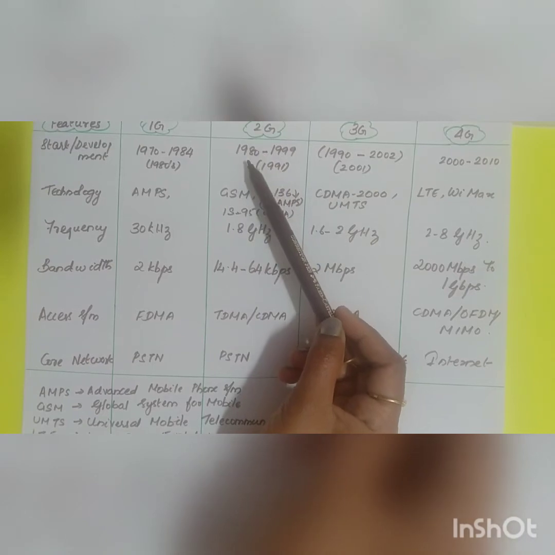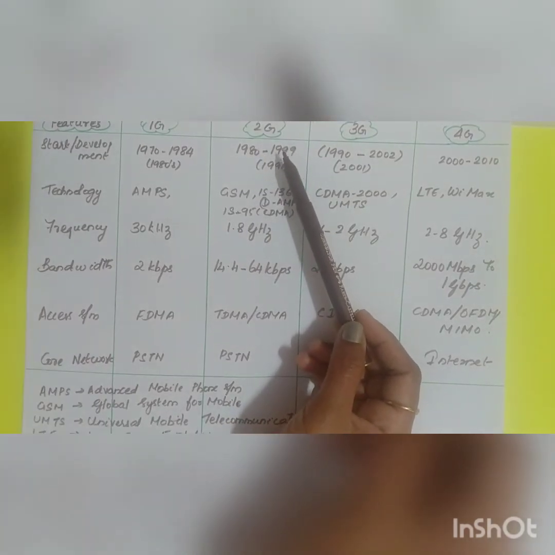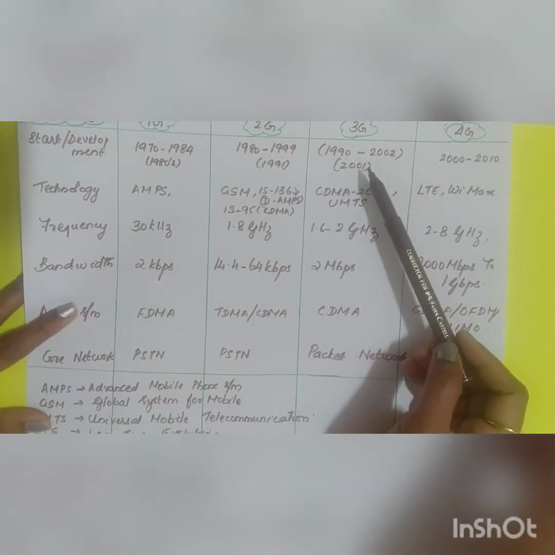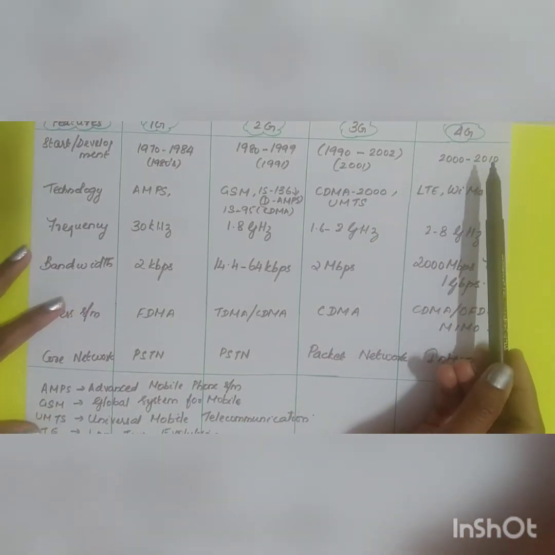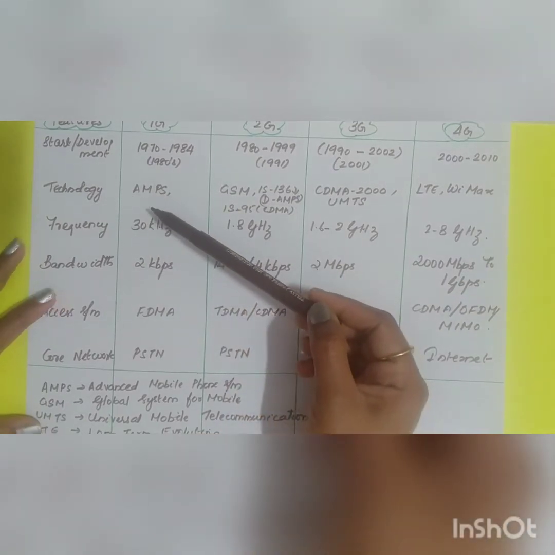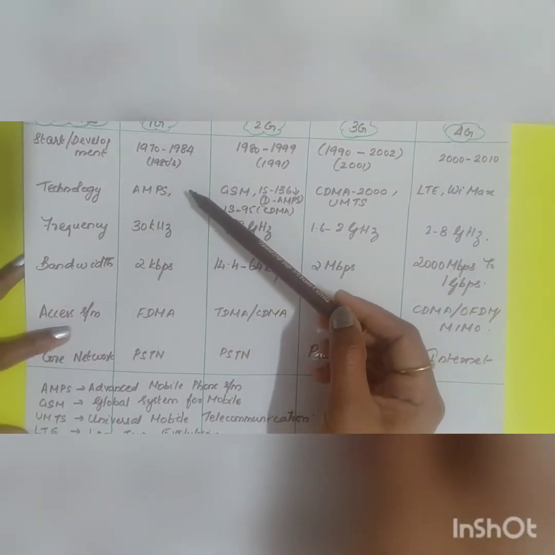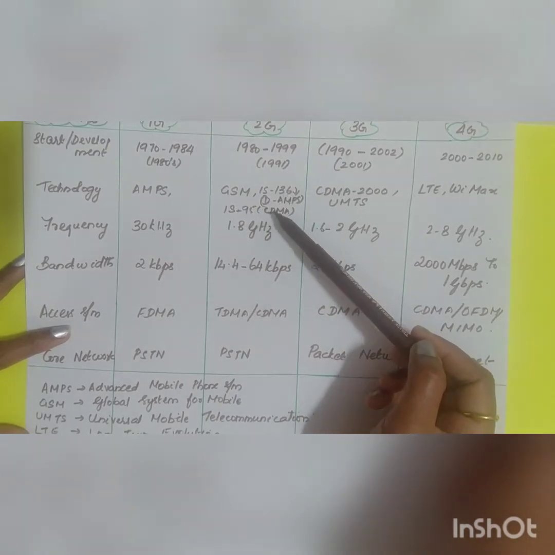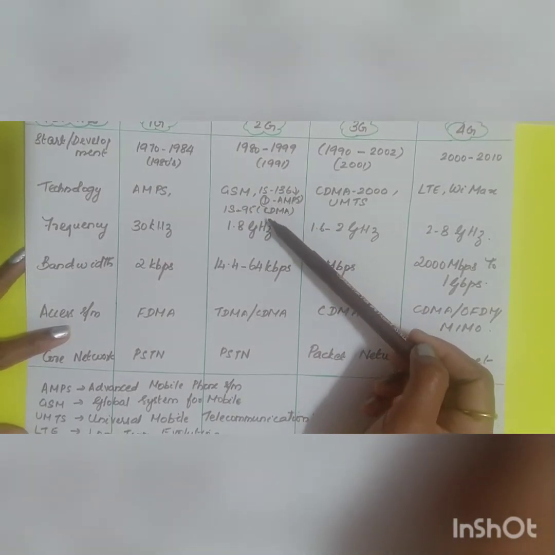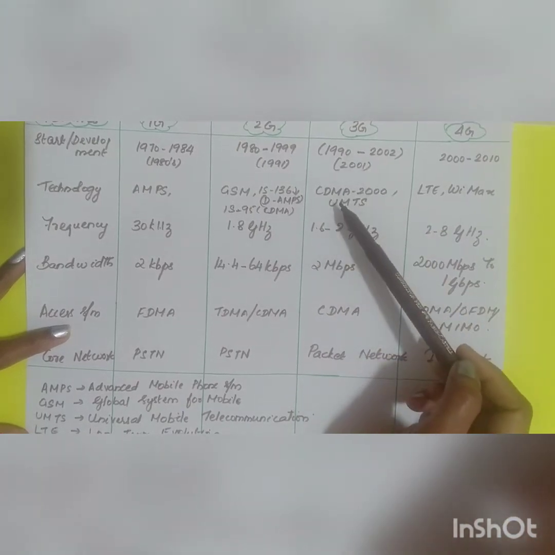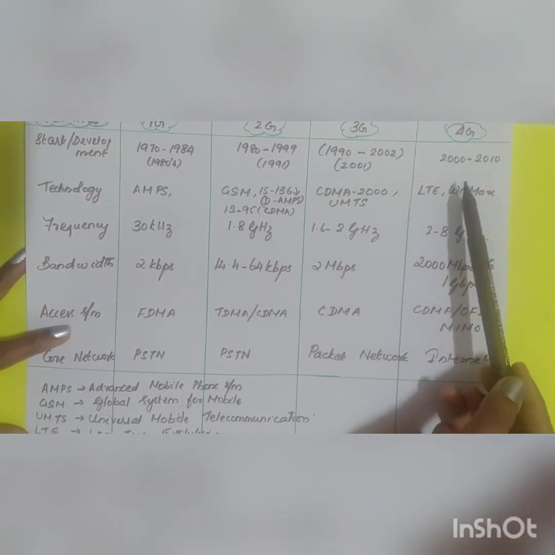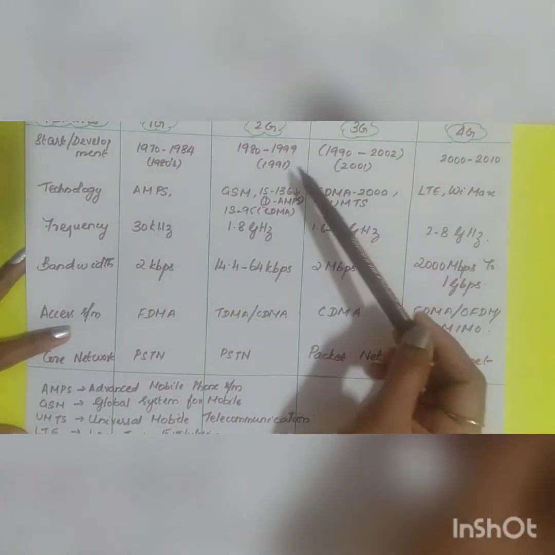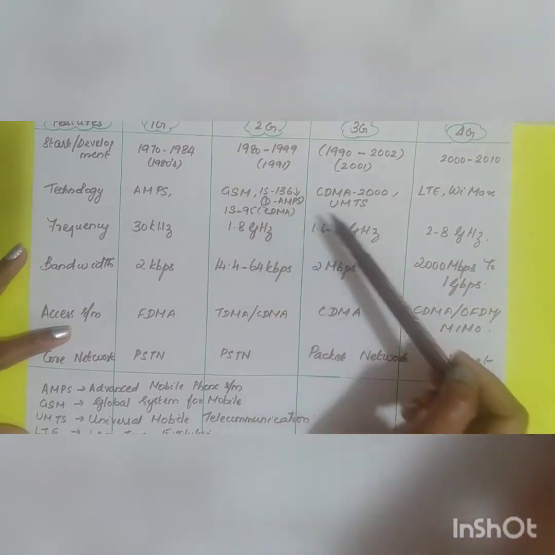The second generation was 1980 to 1999, the most important time being 1991. 3G was 1990 to 2002 and 4G was 2000 to 2010. The technology examples are AMPS for the first generation; for the second generation GSM, IS-136, that is nothing but digital AMPS, and CDMA; for 3G it is CDMA2000 and UMTS; and for 4G it is LTE and WiMAX. All these technologies you will be studying in the next video elaborately.